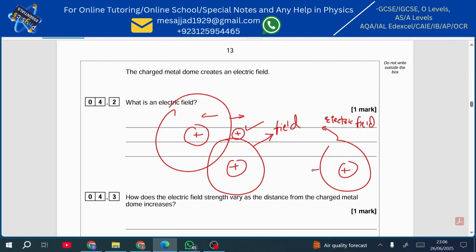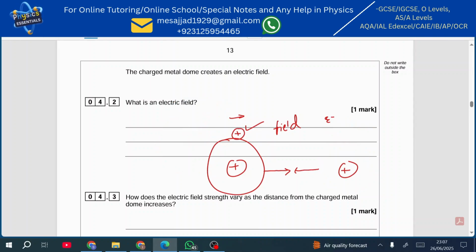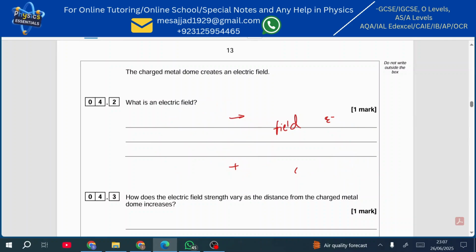When you bring them close enough that their fields start to interact, you will feel repulsion and attraction. So from here, I got to know that the electric field is actually an area around the electric charge in which another charge will face an effect if it is brought into it.